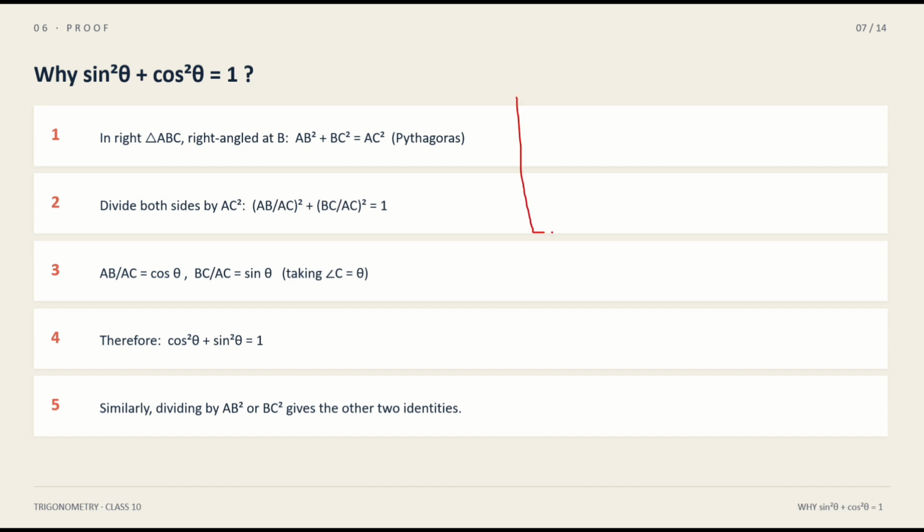In this we will draw a triangle, right angled at B, with A here and C here. In a right angle triangle we know the Pythagoras theorem: this square is equal to this square plus this square.